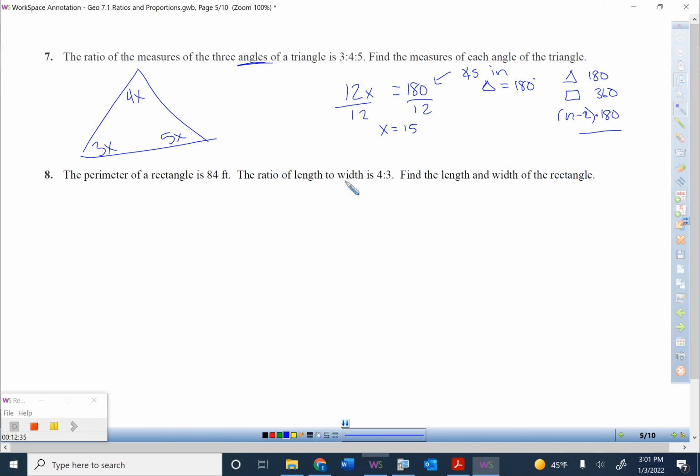Once we have that 15, we can plug it in for our 3 different angles. So 3 times 15 is 45 degrees. Doing that same thing for the next one, 4 times 15, that's 60 degrees. And lastly, 5 times 15 is 75 degrees. And again, just finish with a colon in between.